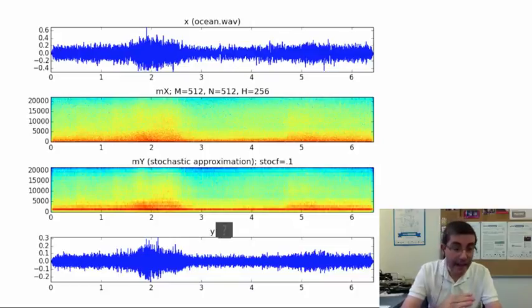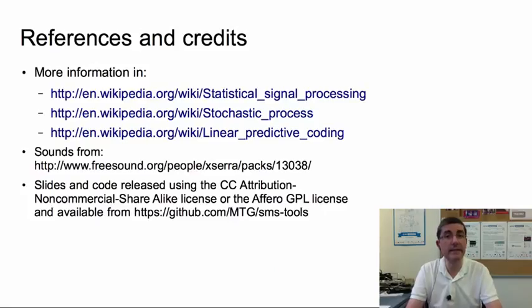If you do an A-B comparison with the original ocean, it sounds different, but it clearly sounds like an ocean sound. So for stochastic signals, maybe it's not so relevant to reproduce the exact characteristics of the sound, but rather its general characteristics. And this is what this approach does.